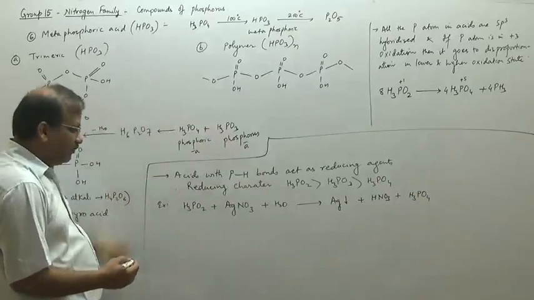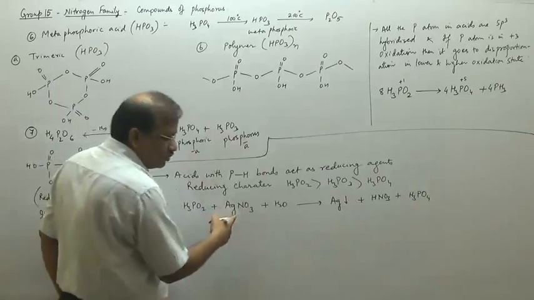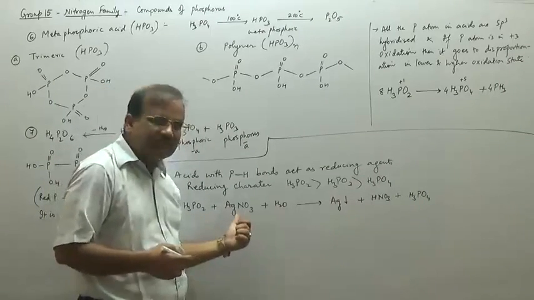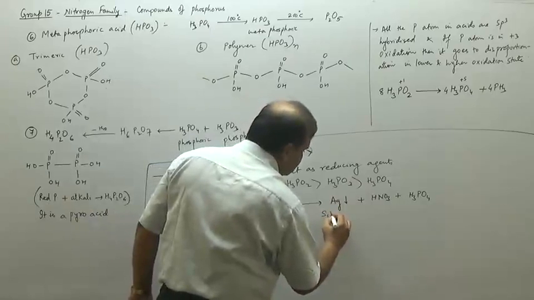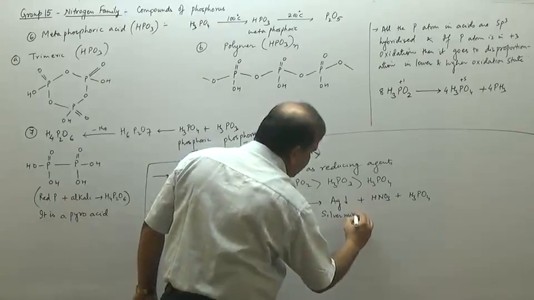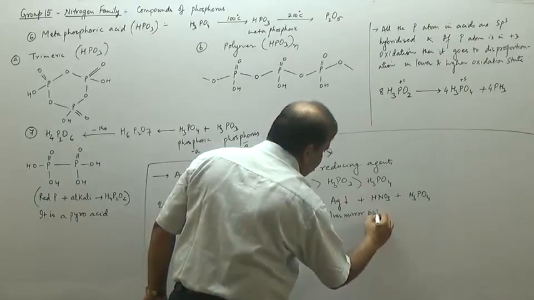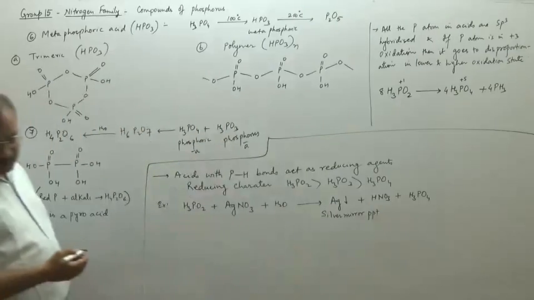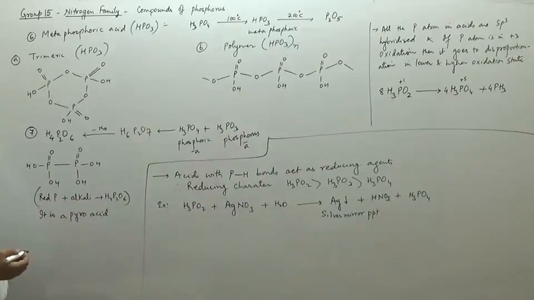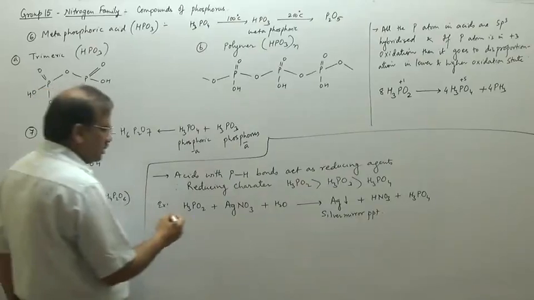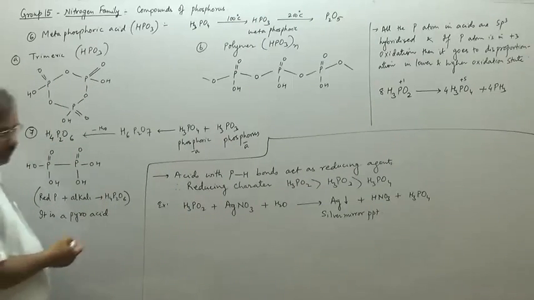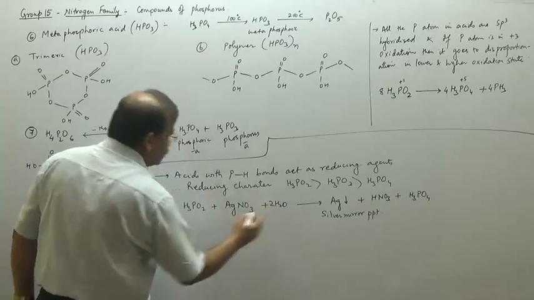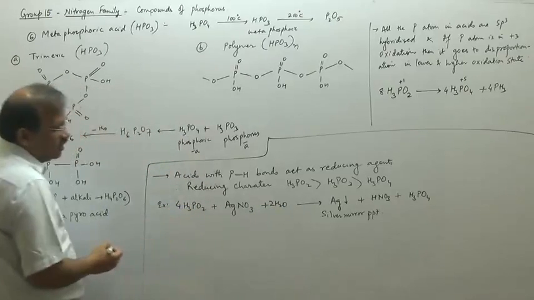So we used to write that this is a reducing agent. This is an oxidizing agent. We already know that it is Tollens reagent, and it will react to give the silver mirror precipitate. So this is a silver mirror precipitate, what we used to say. So that is how we can write the reaction and balance it. H3PO2 with water molecules, 2, 4 times we can write that.